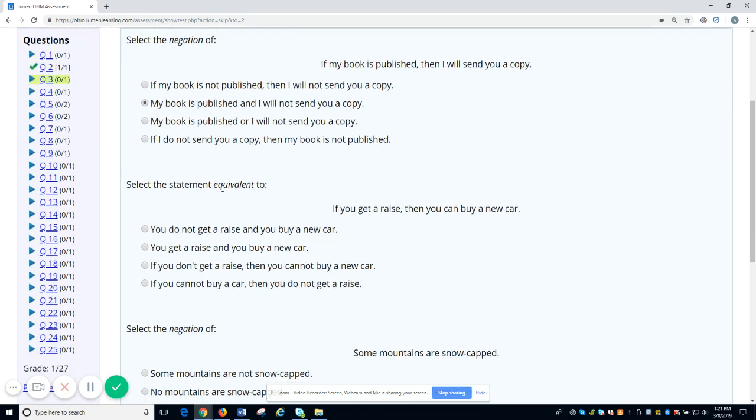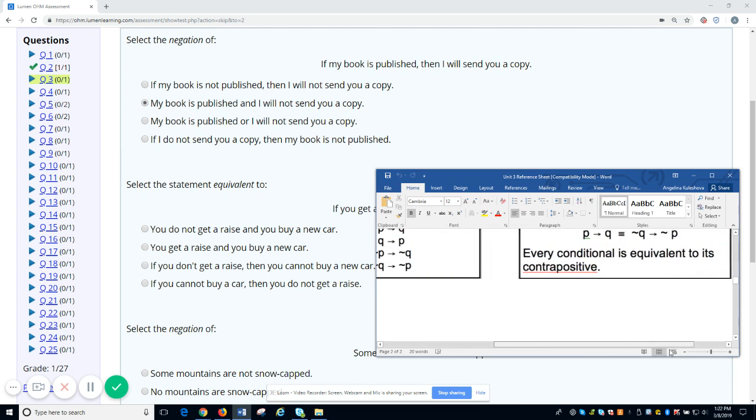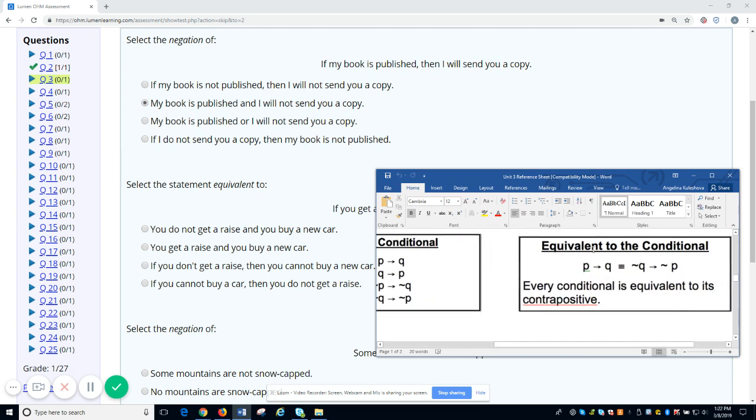All right, the next problem wants you to state the equivalent to this other conditional. Right here, we have a rule that says that every conditional is equivalent to its contrapositive. So if you're given a conditional and want its equivalent, all you have to do is form the contrapositive.